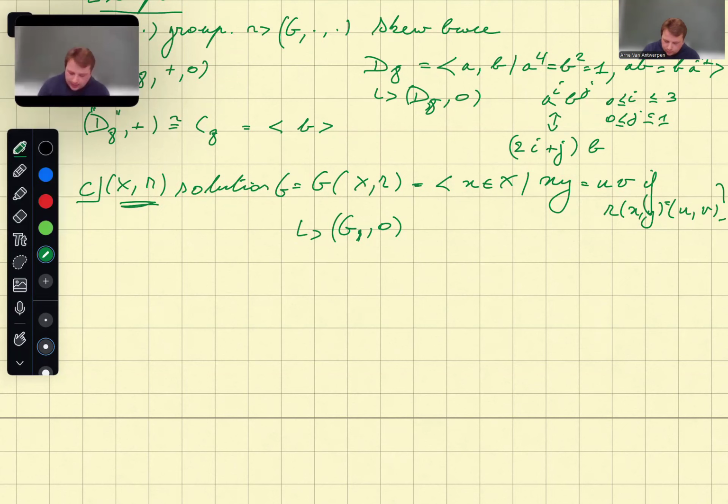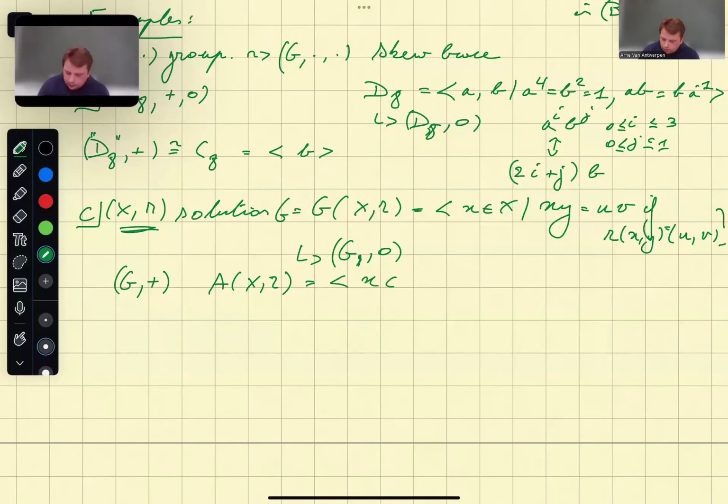What is the additive guy? Well, that's something that we denote by A(X,R). It's again a group generated by the elements of X, such that x plus lambda x of y, we set equal to lambda x of y plus lambda lambda x of y of rho y of x.